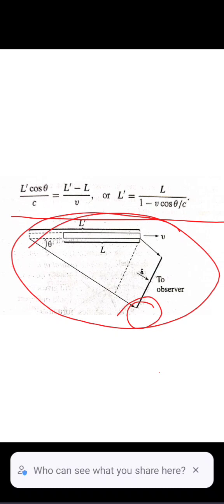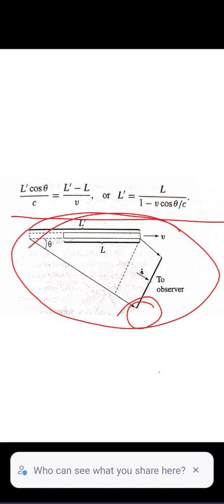So when the observer observes the motion of the train perpendicular to the velocity, meaning theta is equal to 90 degrees, it gives no change: L dash is equal to L, so there is no effect on the length.